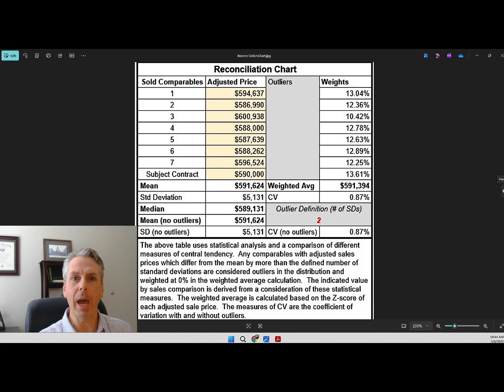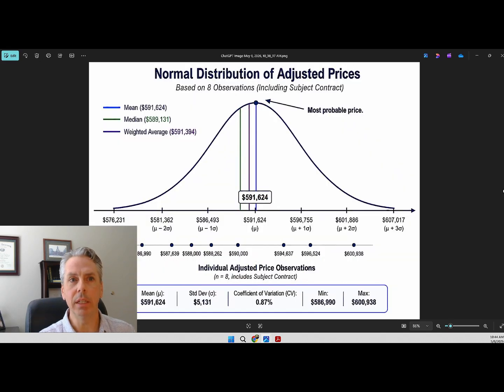So if we think back to that whole idea of, well, what if this property sold 1,000 times with different humans? Well, we're looking at that distribution as saying, hey, that's theoretically a sampling of what those 1,000 sales would look like.